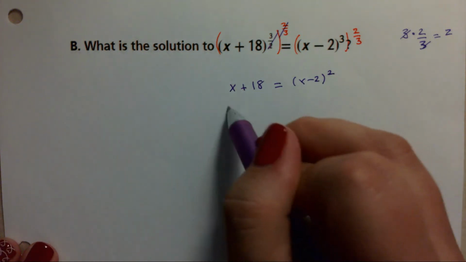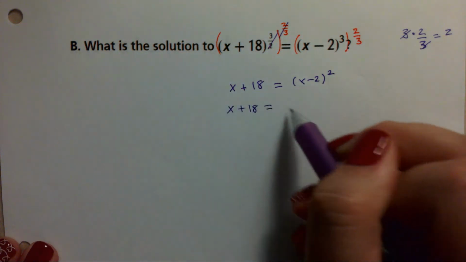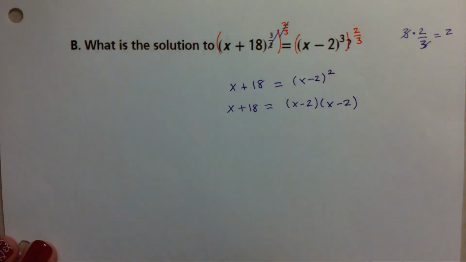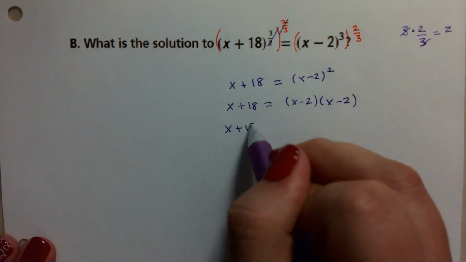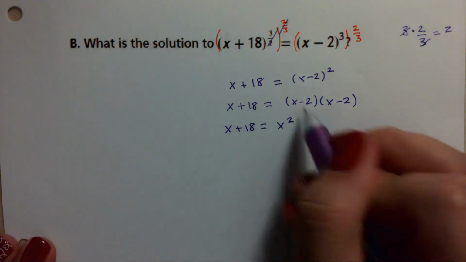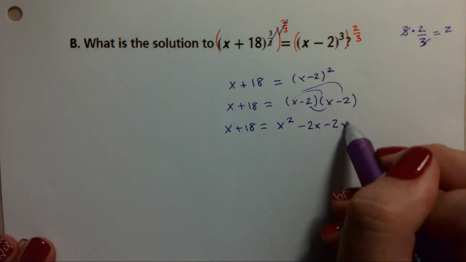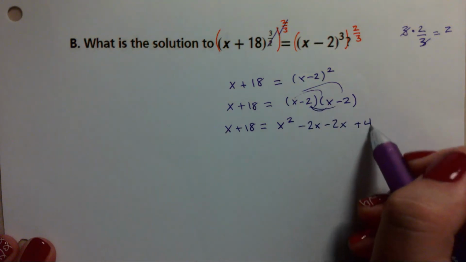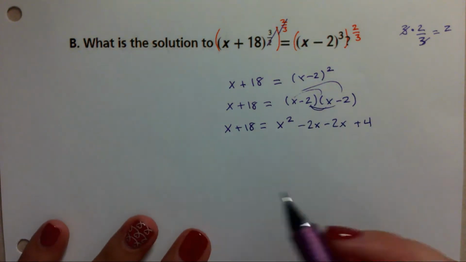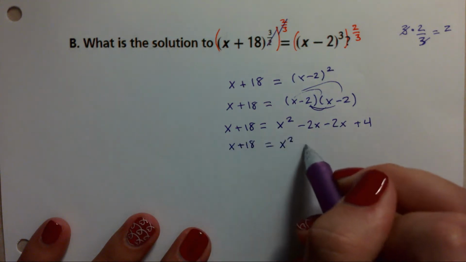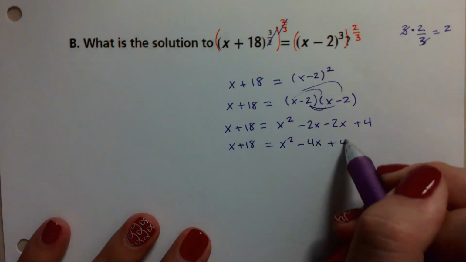So I'm going to multiply that out. And that's going to give me x plus 18 equals x squared minus 2x minus 2x plus 4, which is x plus 18 equals x squared minus 4x plus 4.